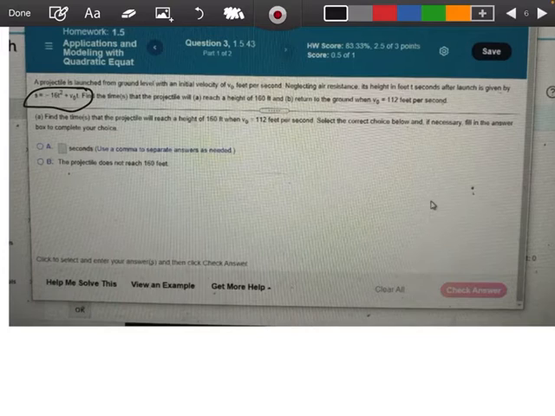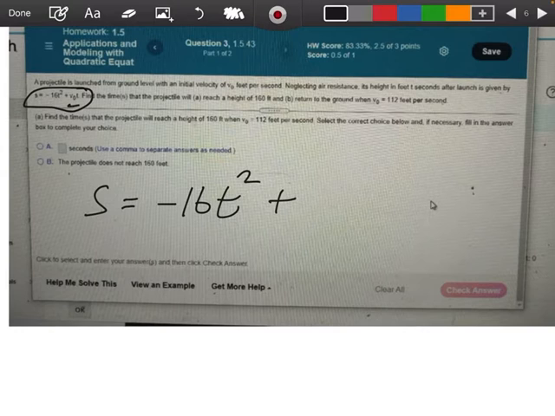So the first thing I'm going to do is take that equation they gave me, s equals negative 16t squared plus v0t, but they tell us that v0 is equal to 112, and then there's a t right next to that, right?